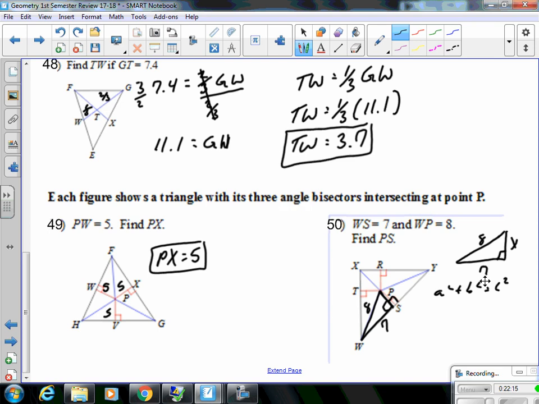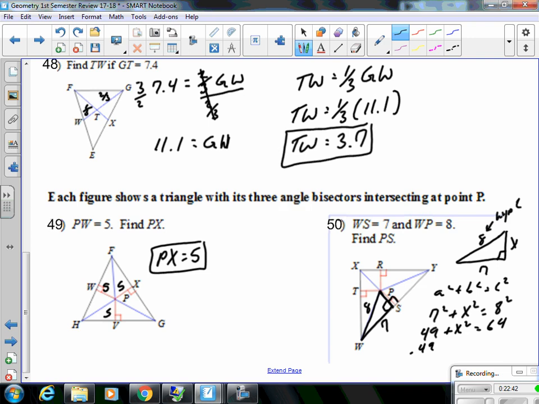8 is the hypotenuse, so it has to be the c. So 7 squared plus x squared is going to equal 8 squared, or 49 plus x squared equals 64.